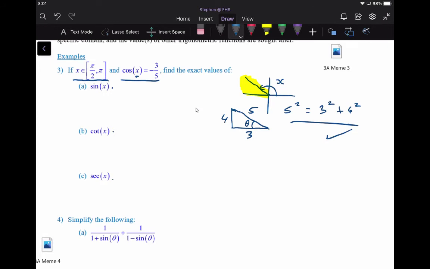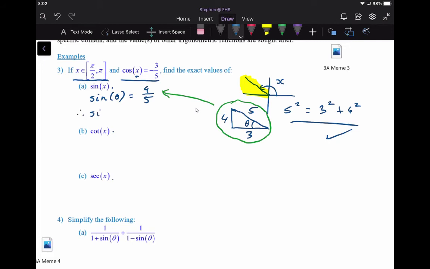Okay, now what we can do is we can say, well, I know that I've got my full triangle here. Well, what is sine? Let's go ahead and use SOHCAHTOA again. Sine theta is going to be, so I'm going to use theta this time, sine theta is opposite over hypotenuse. So opposite is 4, hypotenuse is 5. So that is using this triangle here. So I'm just going to circle that triangle. This triangle leads to this fraction here. But we don't want sine of theta, we want sine of x. So luckily for us, we know that x is in the second quadrant.